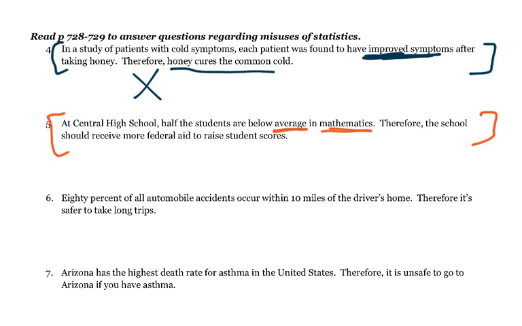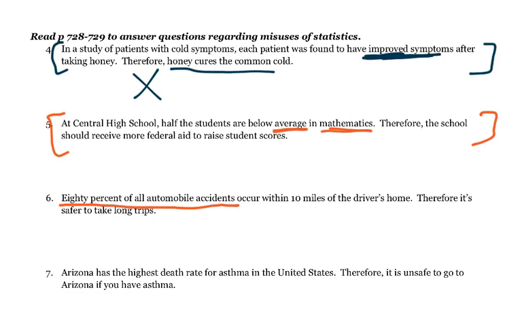All right, next one. 80% of all automobile accidents occur within 10 miles of the driver's home. Therefore, it's safer to take long trips. So they give us a value, 80% of all automobile accidents occur within 10 miles of the driver's home. But then they're making an inappropriate conclusion from that. They're saying, therefore, it's safer to take longer trips. Well, why would 80% of all automobile accidents occur within 10 miles of a person's home?